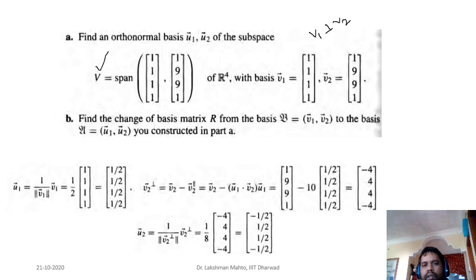That means with respect to these two as basis elements, call the basis A. This basis A is not an orthonormal basis, it is a non-orthogonal basis. So we have to construct an orthonormal basis from this basis A.